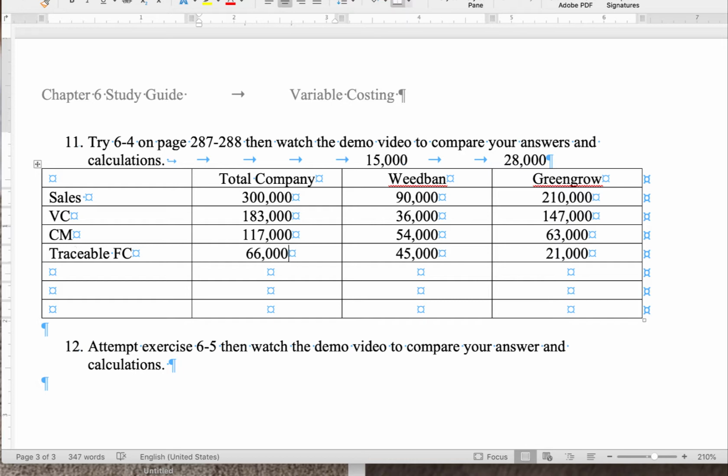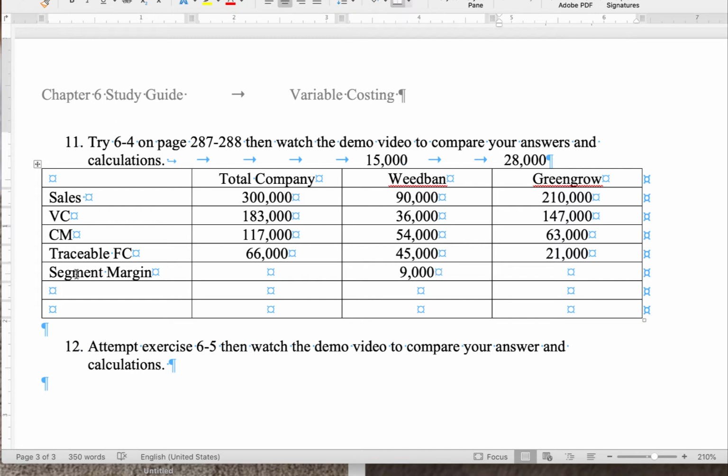Okay. I can now figure out my segment margin. Well, for Weed Ban, the segment margin: $54,000 of contribution margin minus the traceable fixed cost of $45,000, I get $9,000.